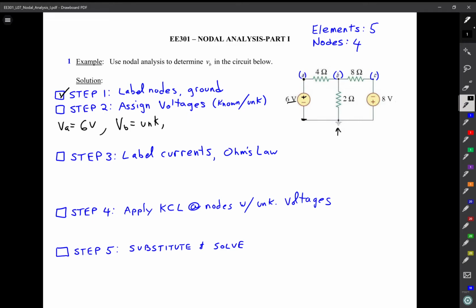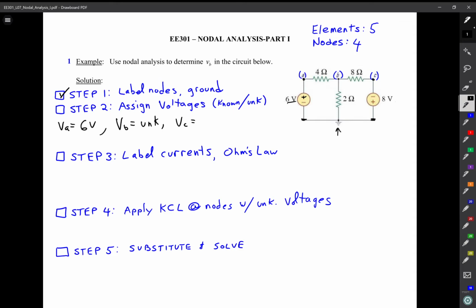VC. Now notice the polarity of this voltage source. The plus is at the ground, and the negative is at C. What this means is that the voltage at node C is less than 0.